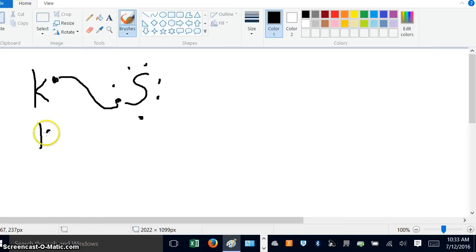So you can imagine another potassium with its 1 outer electron. That electron will go right here, and now the sulfur has 8 outer electrons, so it's met its octet rule.